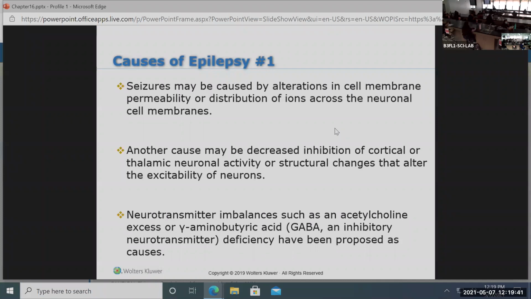And I'm jumping to the last one, it may be caused by neurotransmitter imbalances, such as acetylcholine and GABA deficiency. These are the two neurotransmitters; imbalance of these two can cause epileptic seizure.